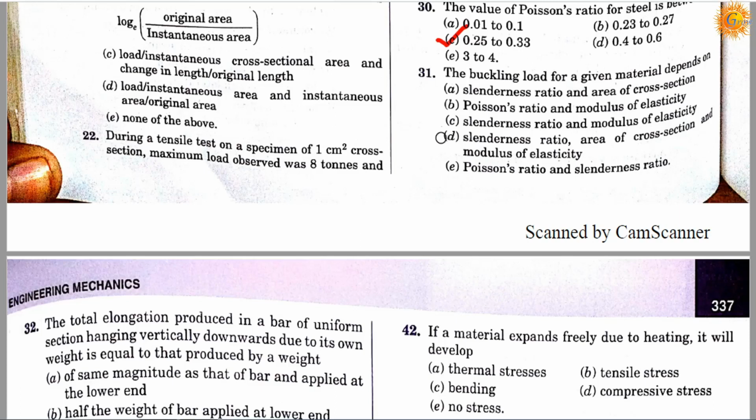Correct answer is D. Buckling load for a given material depends on slenderness ratio, area of cross section, and modulus of elasticity.